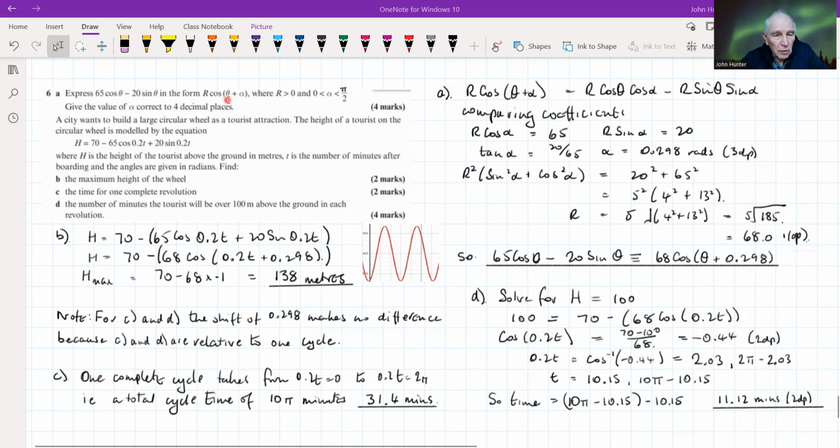So this process that we're going to go through in part A is going to help us solve the rest of it. You recognize this possibly as something called the R formula, a name I don't particularly like because it disguises the fact that it is about linear transformation of graphs, and the fact that you can express a linear combination of sines and cosines, as we've got here, as a transformed sine or cosine curve.